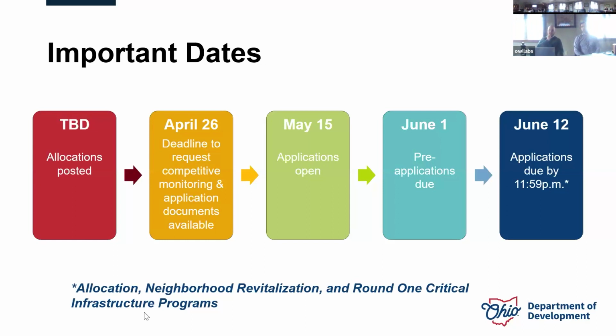June 1st, we do require pre-applications for everything that's not the allocation program. So for everything due in June, we do ask for the pre-applications by then. And then June 12th, that is a Wednesday, those applications for allocation, neighborhood revitalization, and our critical infrastructure programs are due June 12th by 11:59 p.m. that night.